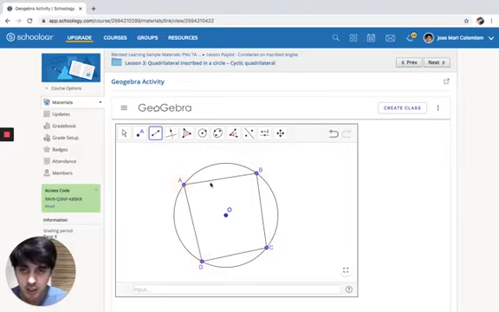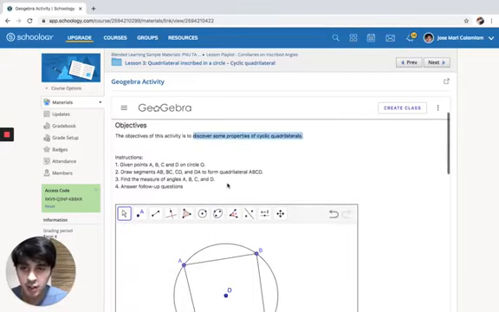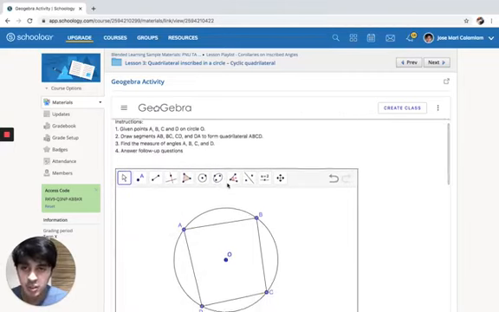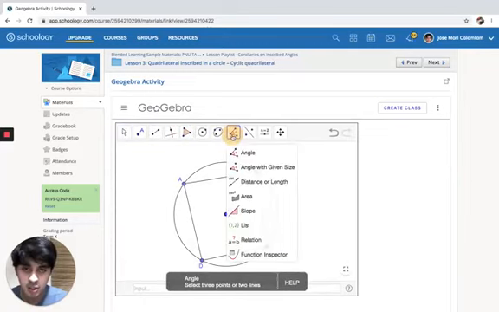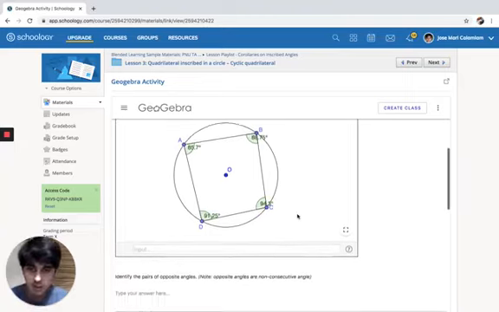And then after that, find the measure of each angle. Okay, so here are the angles.